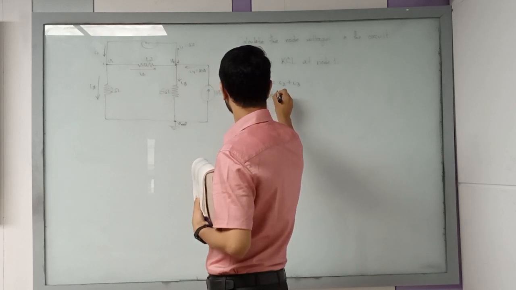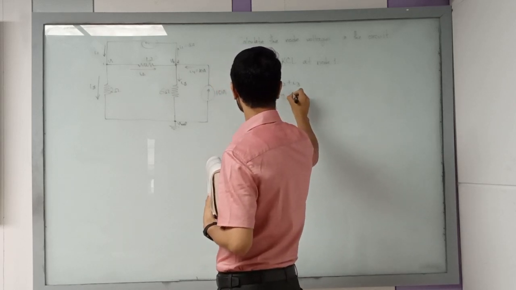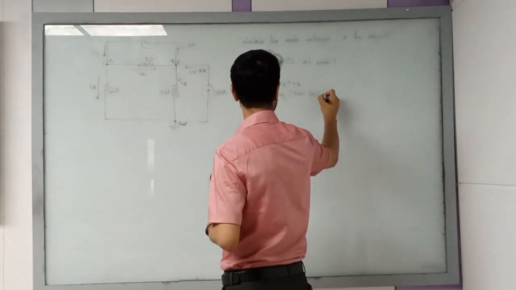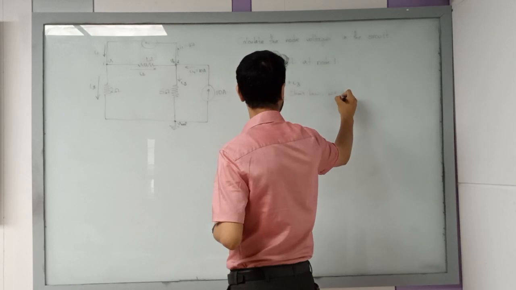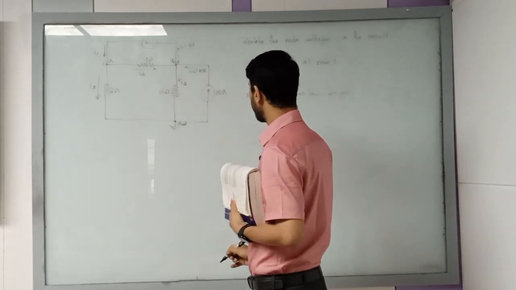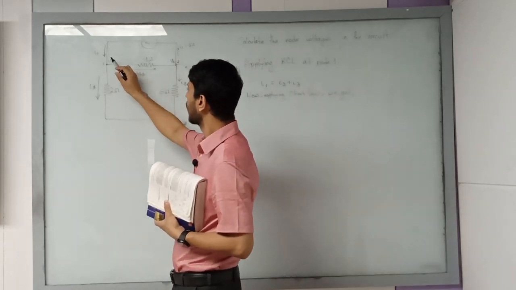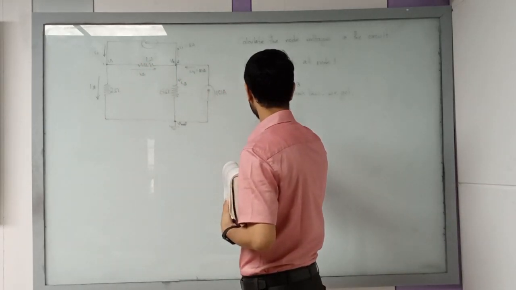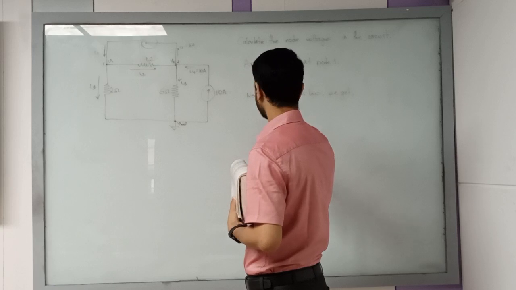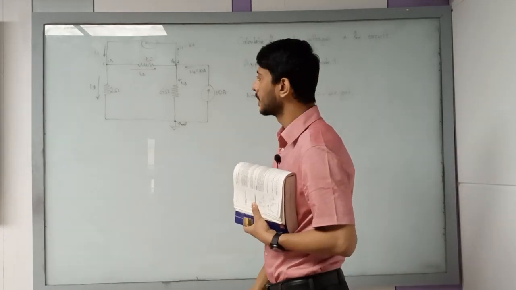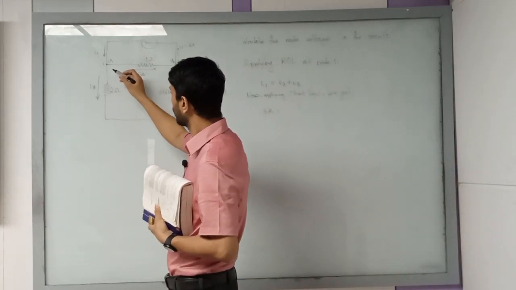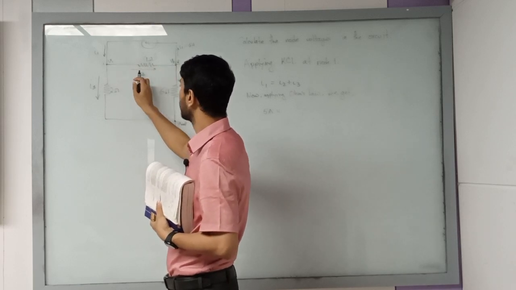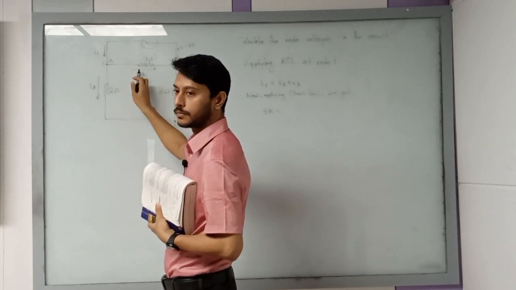Now applying Ohm's law, we get, কি পাবো I1. I1 current is 5 ampere. You can directly write 5 ampere. Okay? ঠিক আছে? What is I2? V1 minus V2 divided by 4 ohm.